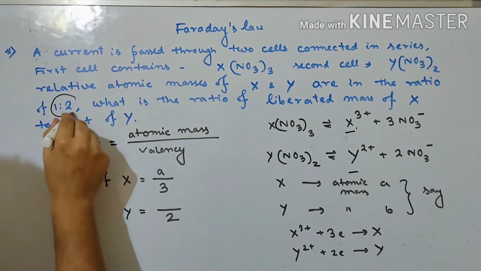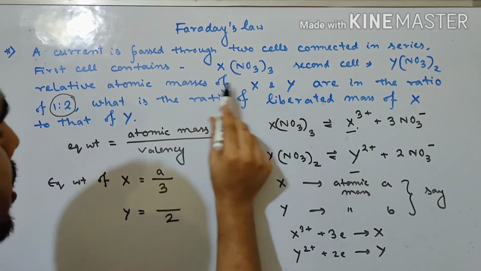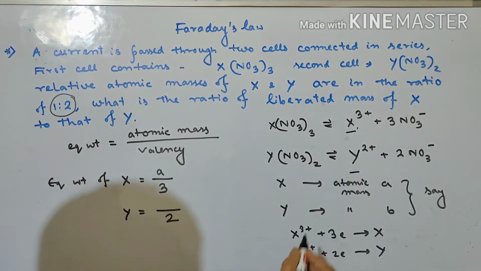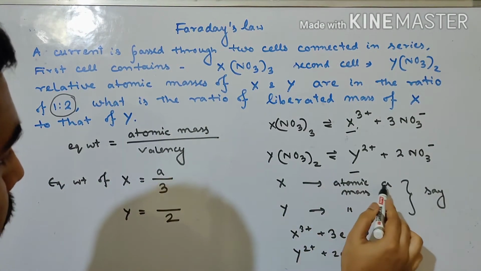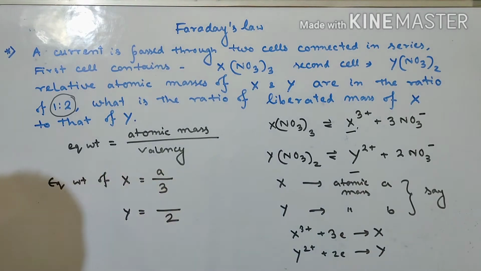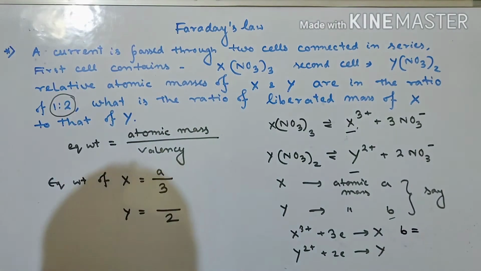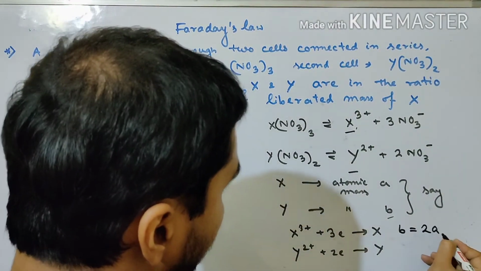Carefully see this ratio. The atomic masses of X and Y are in a ratio of 1:2. So if the atomic mass of X is A, for Y the atomic mass B should be 2A.